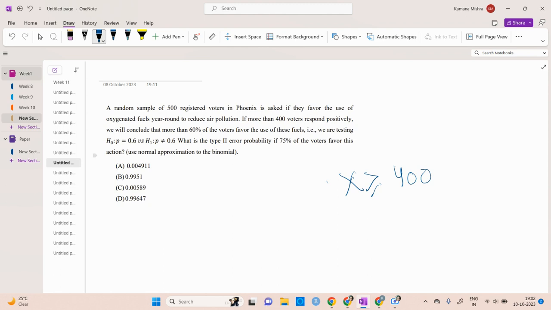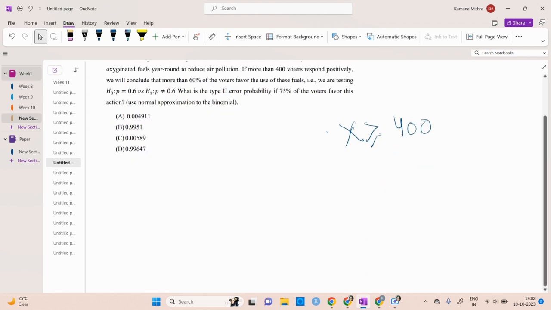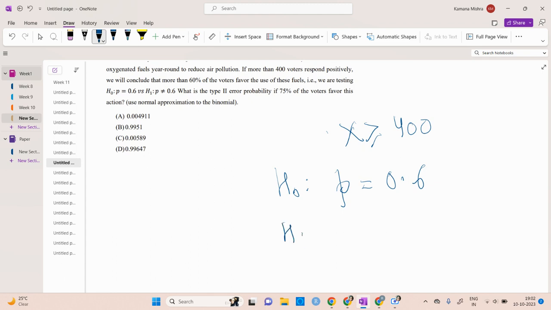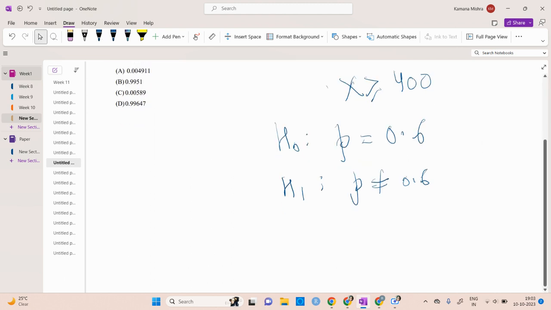in favor, right? So what is given here is that H0 is p equal to 0.6 and H1 is p not equal to 0.6, right? So what is the type 2 error probability if 75% of the voters favor this action?